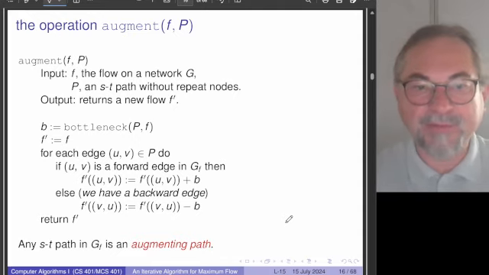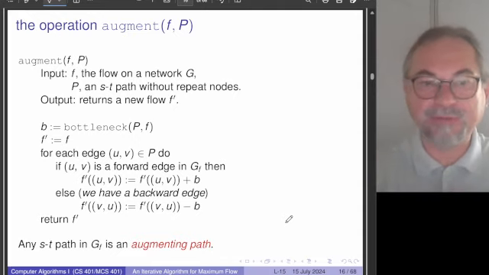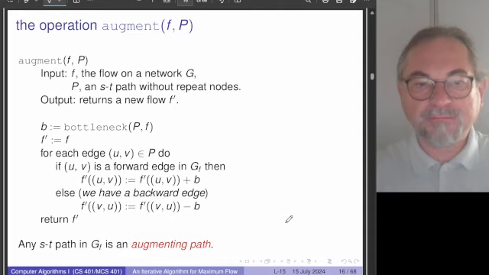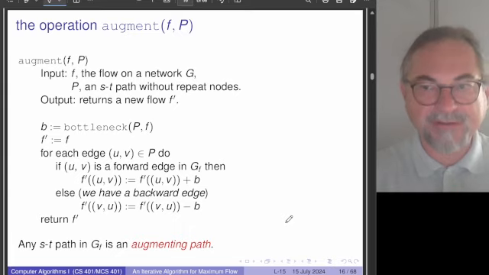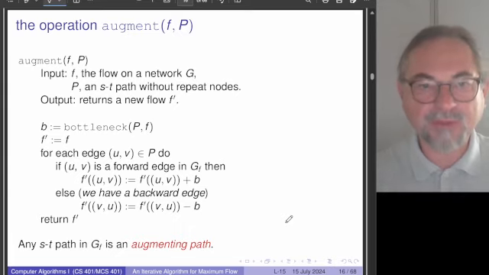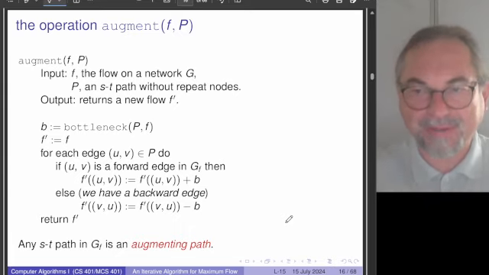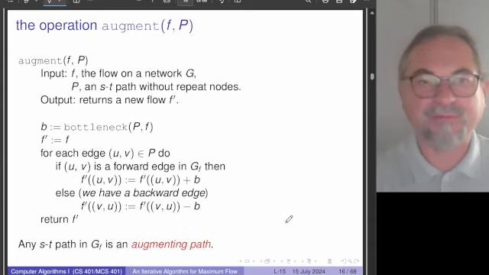And then for every forward edge, we will increment the flow and redistribute the flow on the backward edges. And that's giving rise to a new, better improved flow on this network.